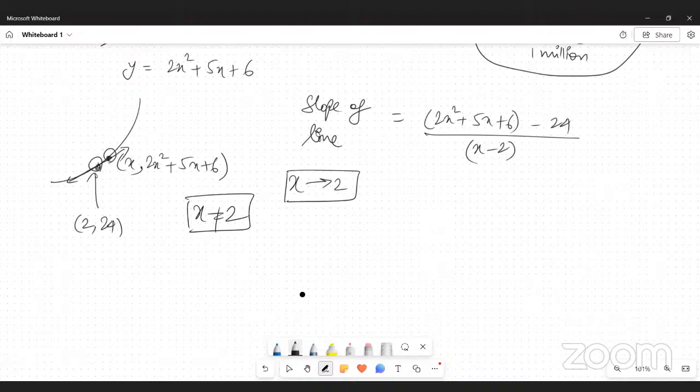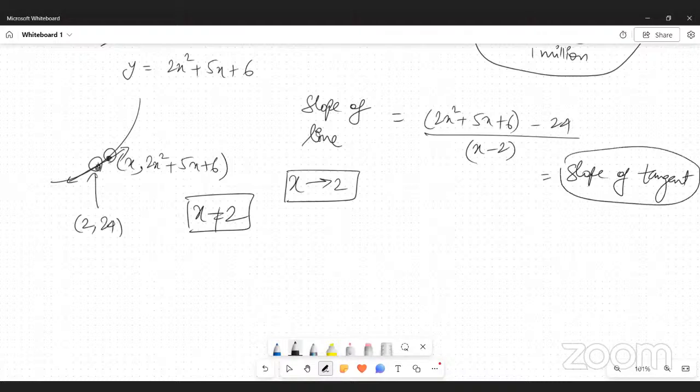So if x is tending to 2, can I say that the slope of this line is equal to the slope of the tangent? Yes, that is what we had been discussing for the previous 5 minutes. Slope of the line has to be equal to the slope of the tangent.